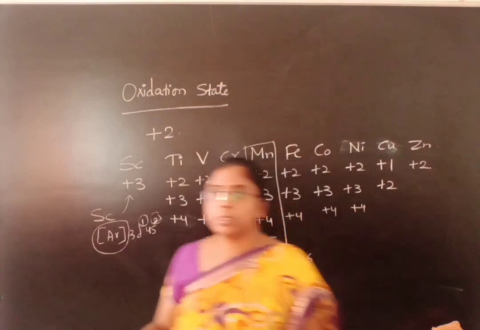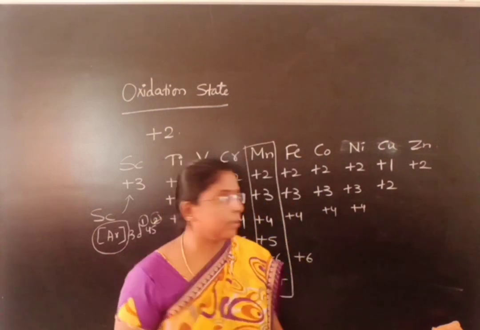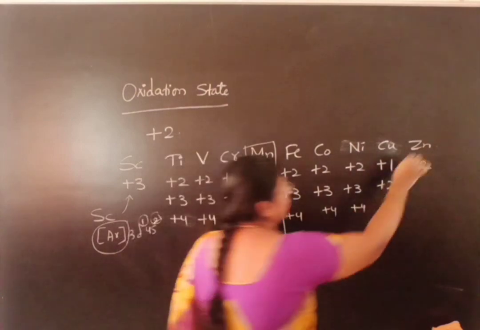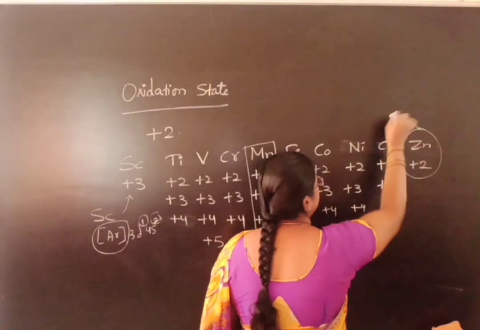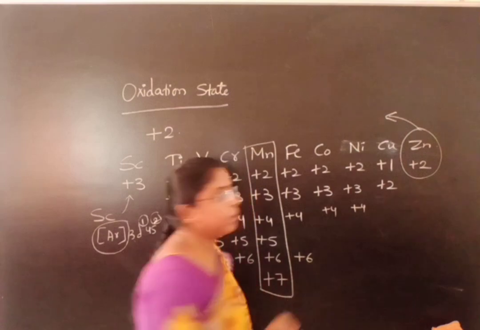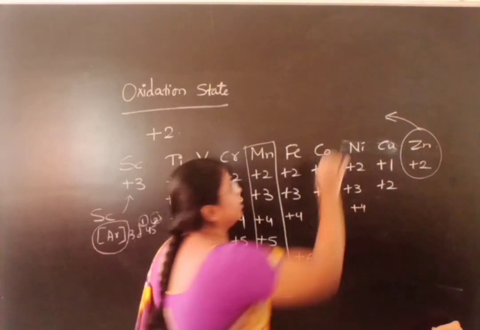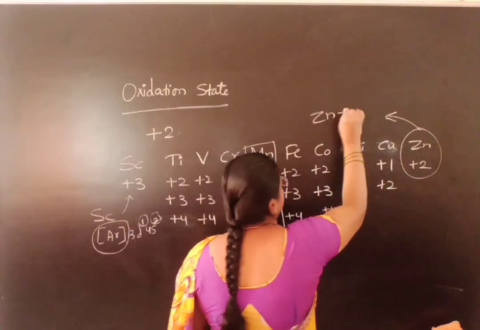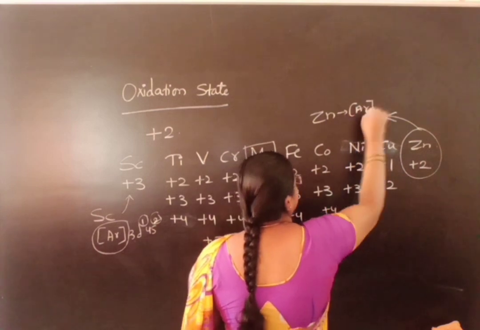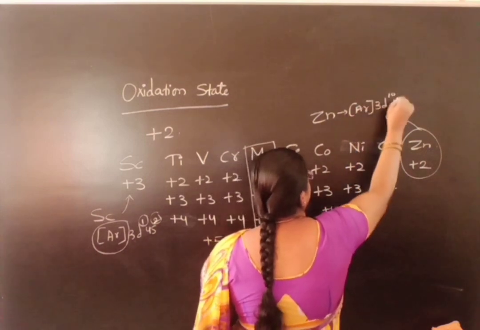Lower oxidation states generally are ionic compounds. If you take zinc here, zinc also exhibits stability by losing 2 electrons. Zn is argon 3d10 4s2.